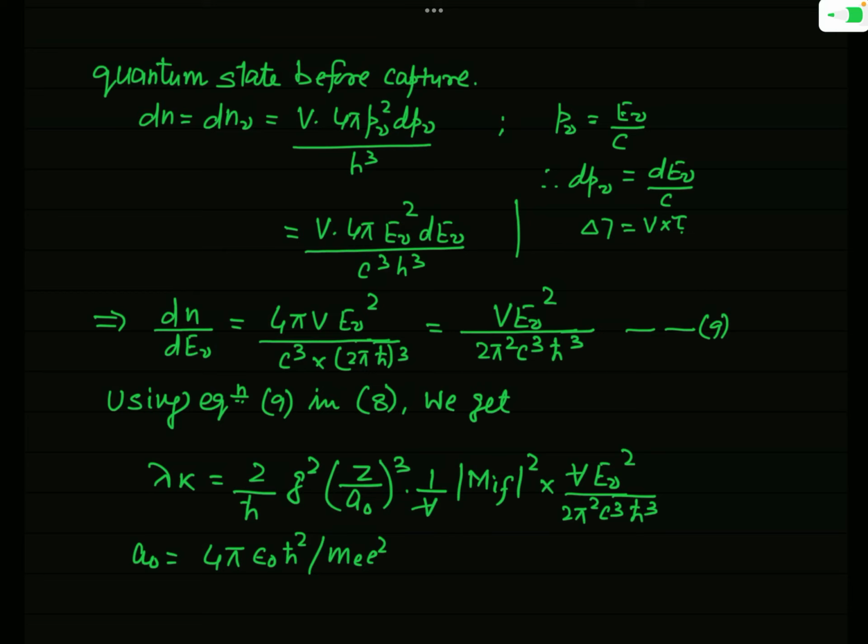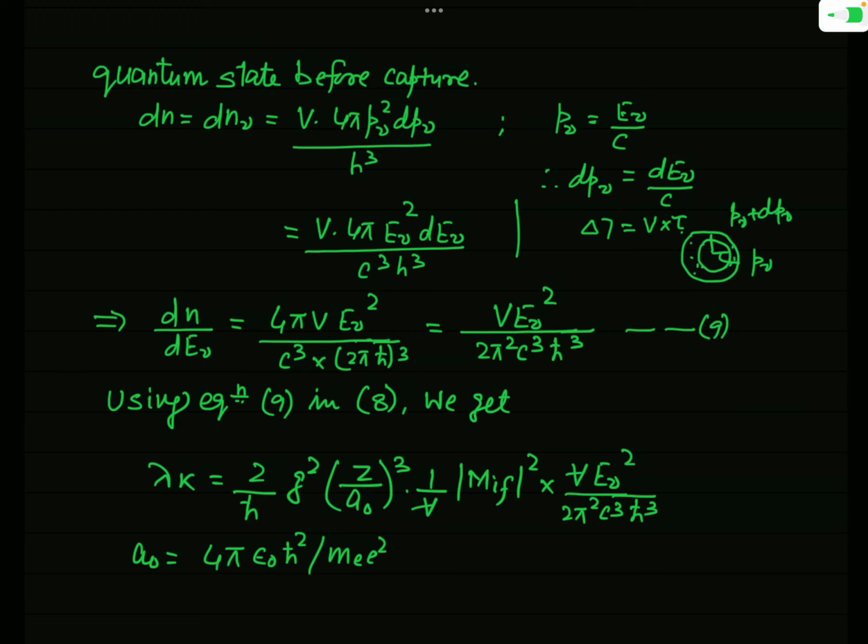If you consider that the momentum of the neutrino lies between P nu and P nu plus dP nu, then this tau will be simply the volume of the shell lying between two spheres having radii P nu and P nu plus dP nu in momentum space.